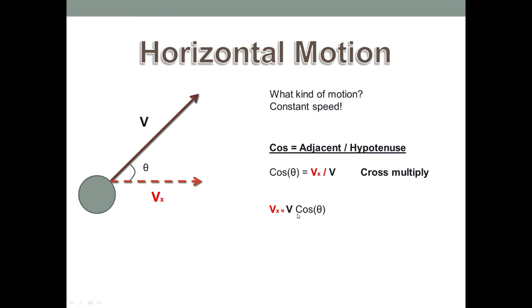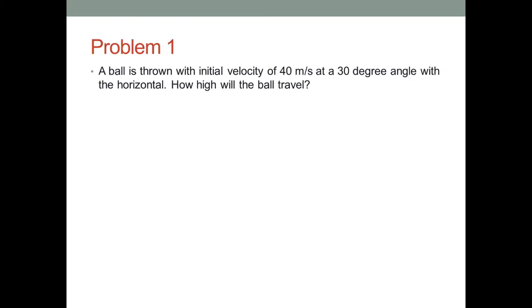Again, we have v, we have theta, so we can figure out v of x. Now we know that this is a constant speed movement, and we can use any formulas that you know for constant speed motion. Again, make sure you can do this on paper by yourself, and let's go through some examples.